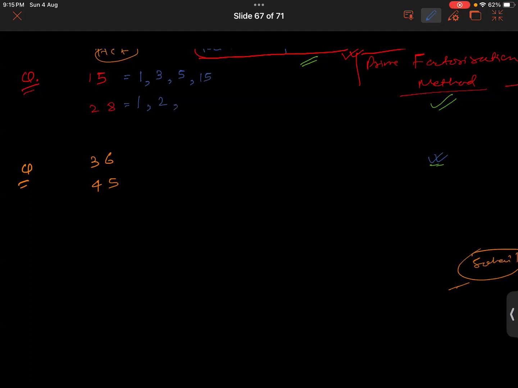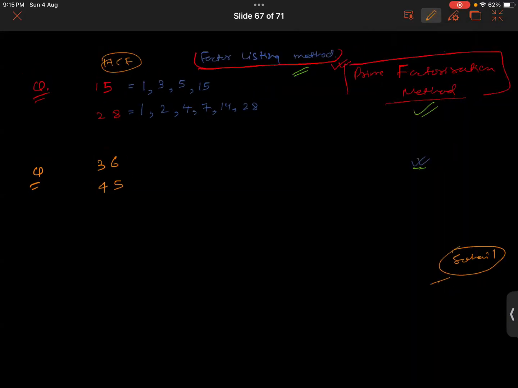Then here you have 4, 7, 14, and then 28. So, are you getting any common factor other than 1 in this? No other number is a common factor, right? Yes. So the only common factor is 1, and that will also be the HCF of the numbers. So HCF is 1 for the first question.